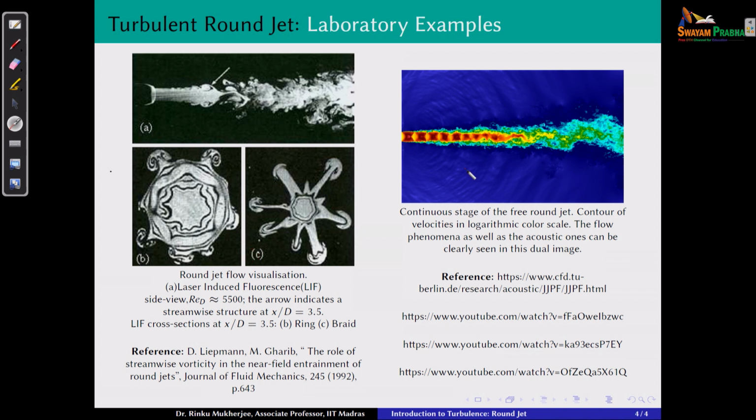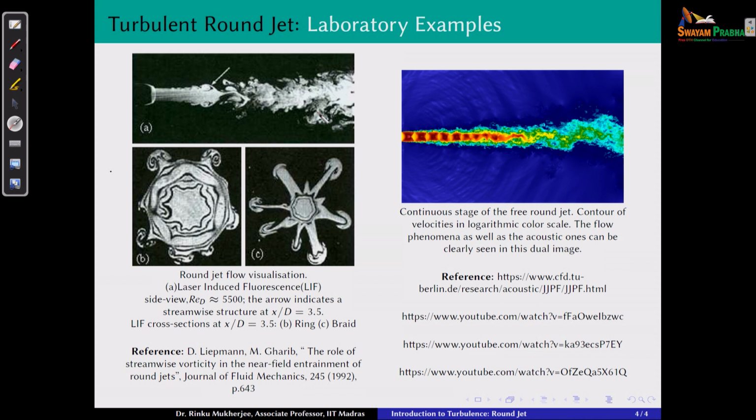Okay, so if you look here, I've given you the reference from where this is taken, right? And you should be able to look this up. Now, if you look at this, what is going on here? There is a jet which is coming out. Okay, it is a jet which is coming out, and what the researchers are looking at, if you look at the jet, it is like that.